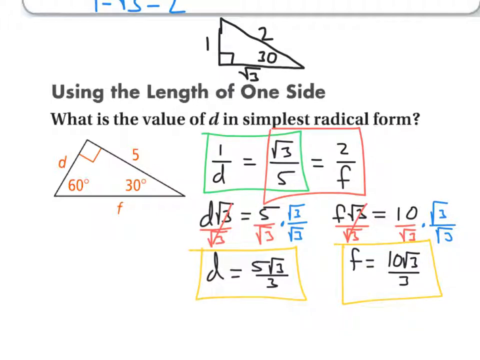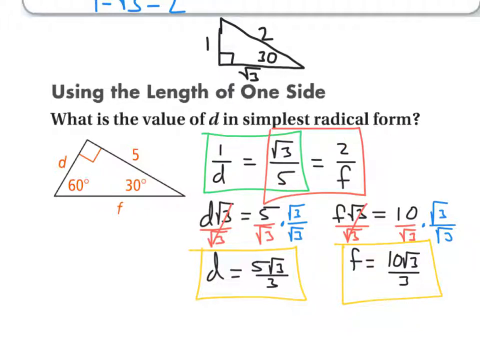Okay. Well, now that I know D is 5 square root of 3 over 3, the shortcut says, take that short leg times 2 to give us the hypotenuse. And again, that's exactly what we have. Now, in the work, I don't actually have 5 square root of 3 over 3 times 2 shown here. When did I multiply by 2? Right at the beginning, when I took 5 times 2.